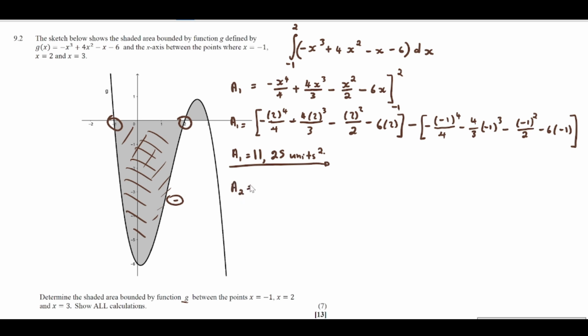So area number 2, I'm not going to start from the beginning by doing the integral, but what I'm going to do is go straight into substitution because I've already integrated this. So my area number 2 is going to be this whole thing here, negative x to the exponent of 4 divided by 4 plus 4 over 3 x to the exponent of 3 minus x to the exponent of 2 divided by 2 minus 6x.